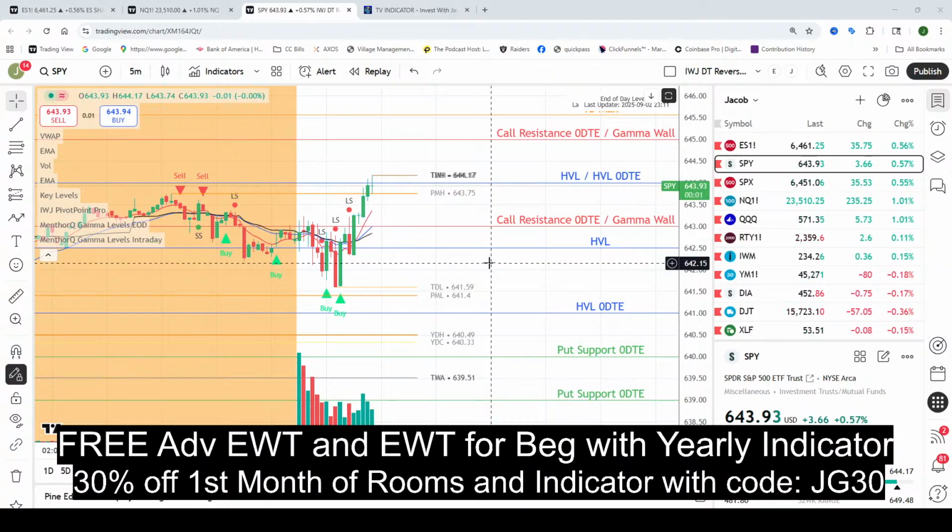All right, we put in a little doji here. Let's see if bears have any follow through.